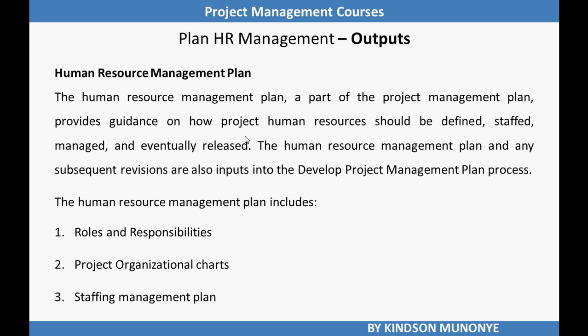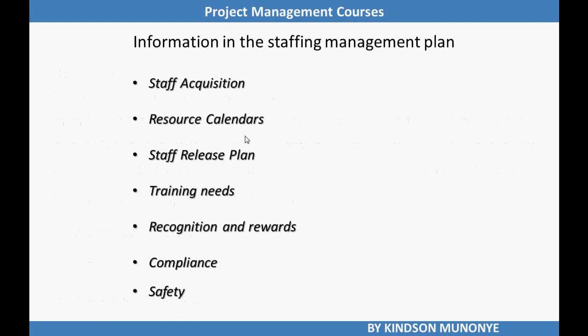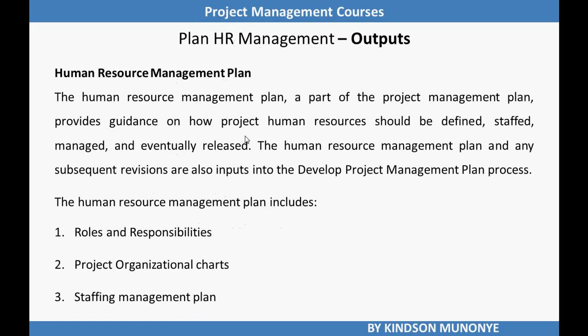Let's now look at the outputs. Just one single output from the plan human resource management process, and that is the human resource management plan. The human resource management plan is a part of the project management plan. It provides guidance on how project human resources should be defined, staffed, managed, and eventually released.